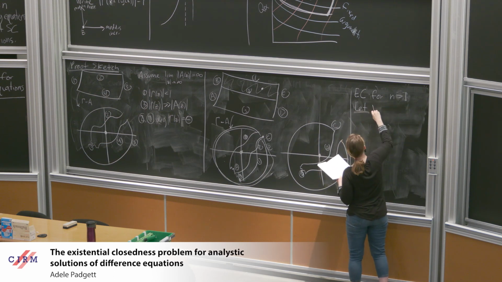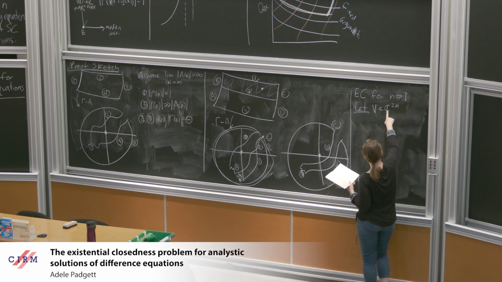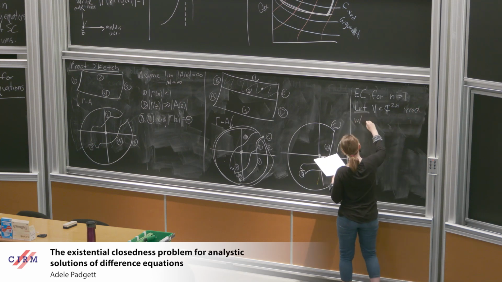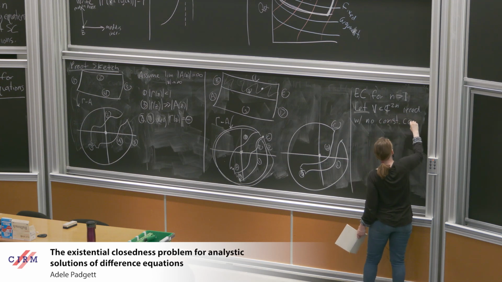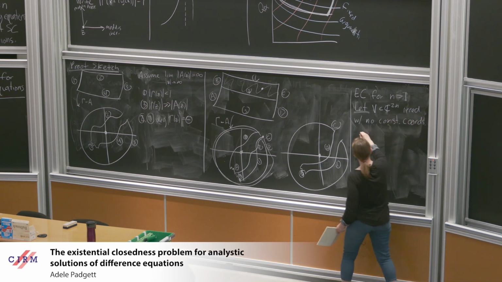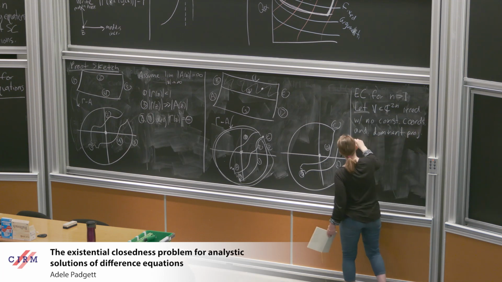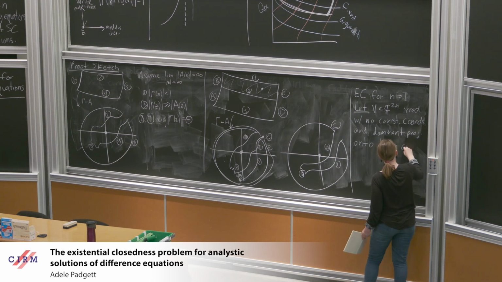So let V in C to the 2n, for n bigger than 1, be irreducible with no constant coordinates and with dominant projection onto the first n coordinates.